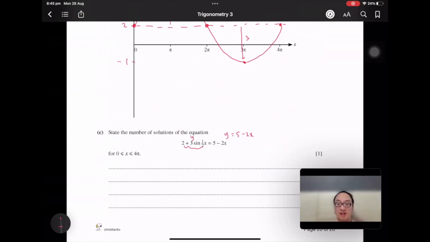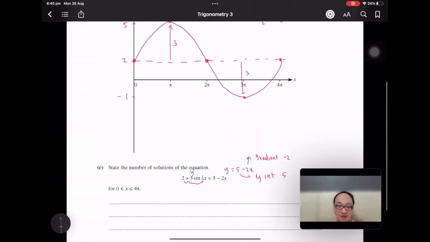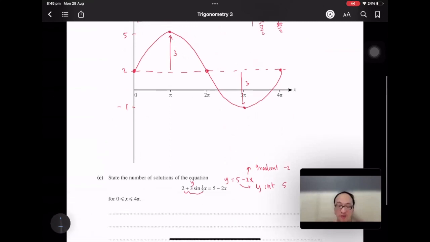The line 5 minus 2x has a gradient of negative 2 and y-intercept at 5. So if we draw the line 5 minus 2x, it cuts at 5, and the gradient is negative 2.